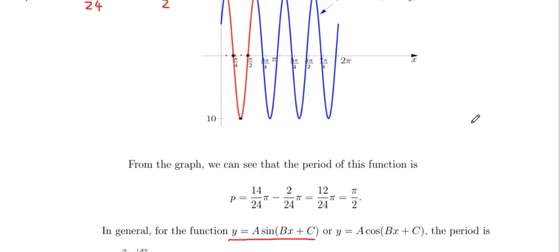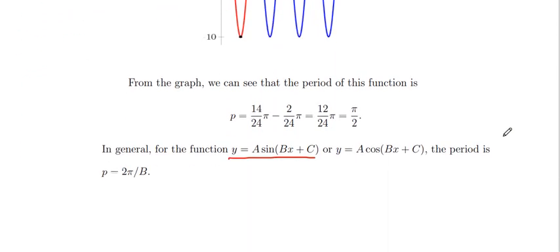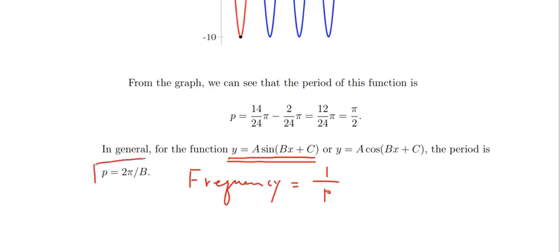Okay. In physics we have the name frequency: if the period is small, then the frequency is big. Frequency equals 1 over period. For these functions we have a formula for the period: the period is 2 pi over the coefficient of x.